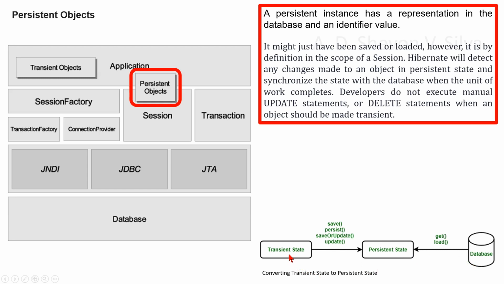Here transient state is connected to persistent state. Save, persist, saveOrUpdate, and update methods are from transient state to persistent state. And here database is connected to persistent state. Get and load methods are from database to persistent state.